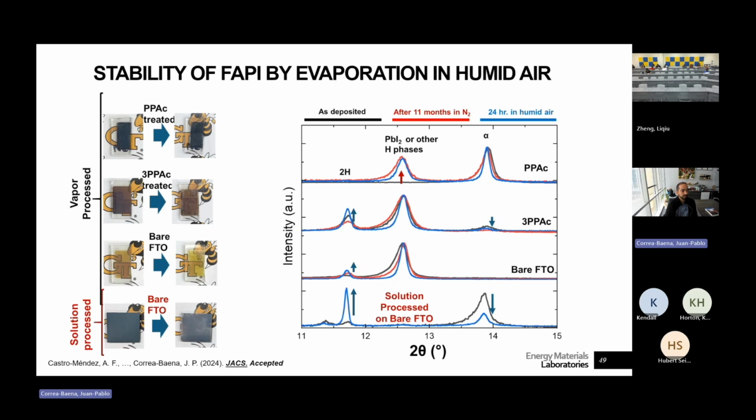Some of them degrade faster than others. The vapor processed with the organic molecules are much more stable than without any of the molecules.